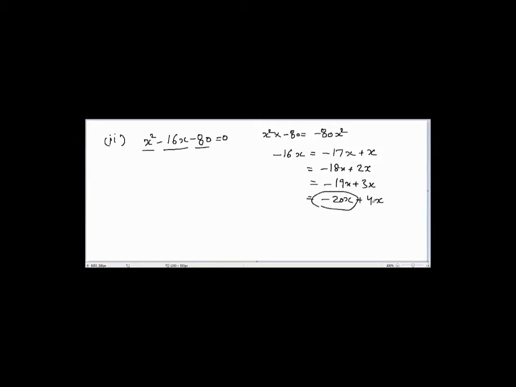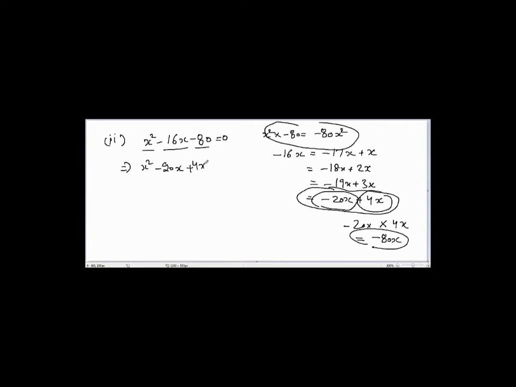Now the product of these two terms, minus 20x times 4x, is equal to minus 80x squared. So I can choose this combination in order to split minus 16x. So I can write minus 16x is equal to minus 20x plus 4x minus 80 is equal to 0.